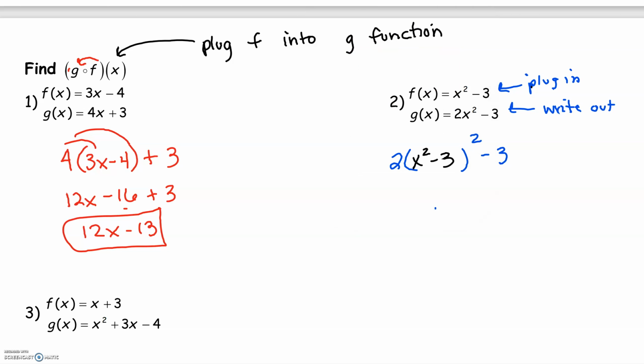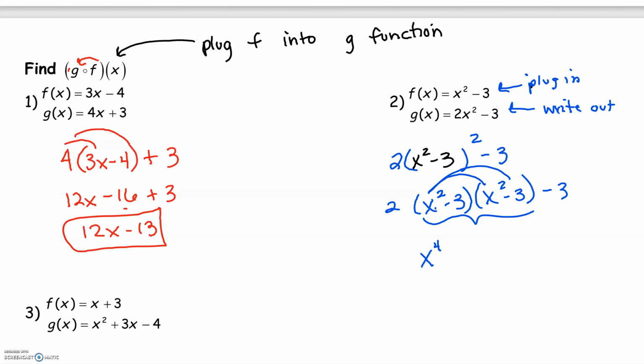So first thing we're going to do is square it, then we'll multiply by the 2 because we do exponents before we do multiplication. So we're going to have our x squared minus 3 twice. And then we will FOIL this. So first, x to the 4th, x squared times negative 3 is negative 3x squared. Inner, negative 3x squared again, last, negative 3 times negative 3, positive 9.